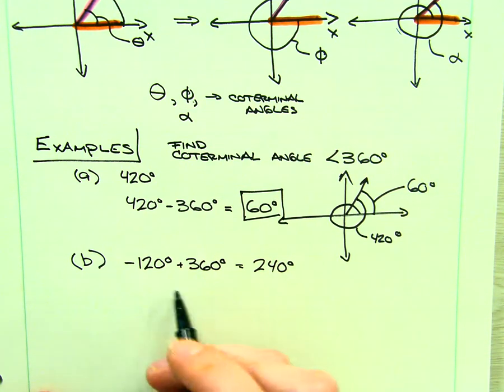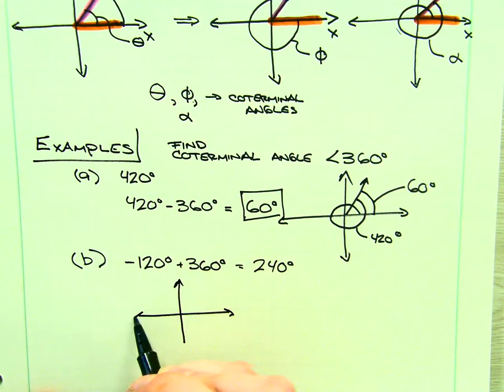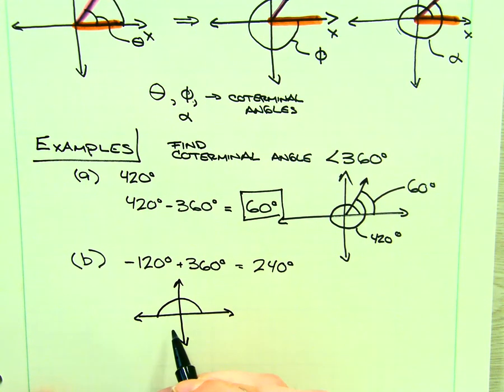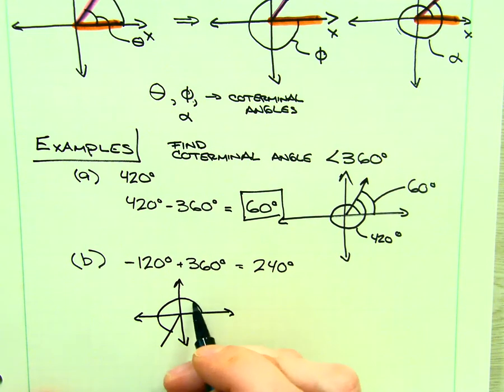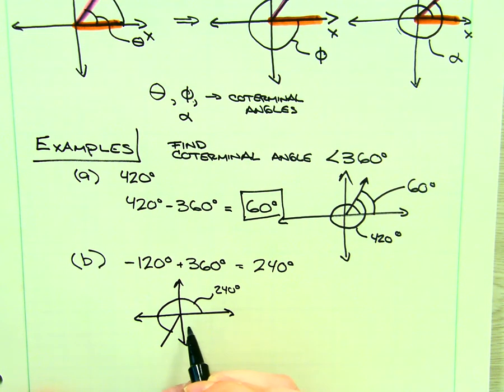And because we watched yesterday's lecture and we're amazing at plotting things like 240 degrees, when I go to plot this one, I can say, okay, this is 180 degrees, and then I need to go 60 more degrees to get to 240. So this right here is going to be 240 degrees. And sure enough, if I did the same thing but in the opposite direction, I hit 90 and I go 30 more degrees.